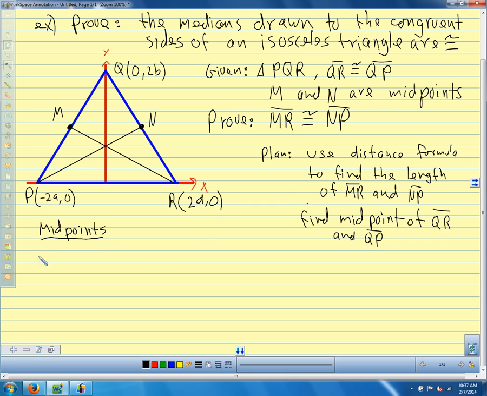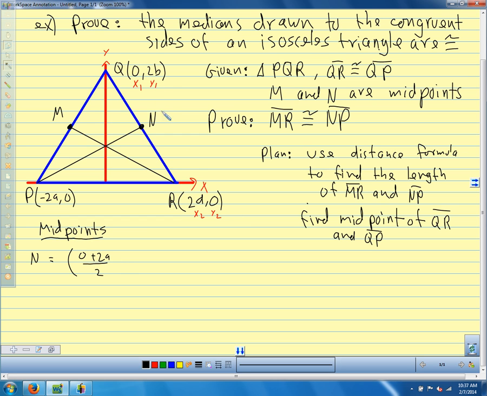So midpoint N. So I'm going to label my points here. Let's call this one x1, y1, x2, y2. So we keep our points straight. So I get x1 plus x2, 0 plus 2a divided by 2. That's my x coordinate.